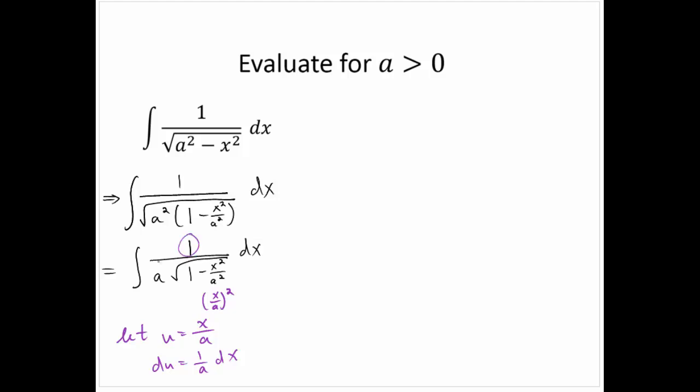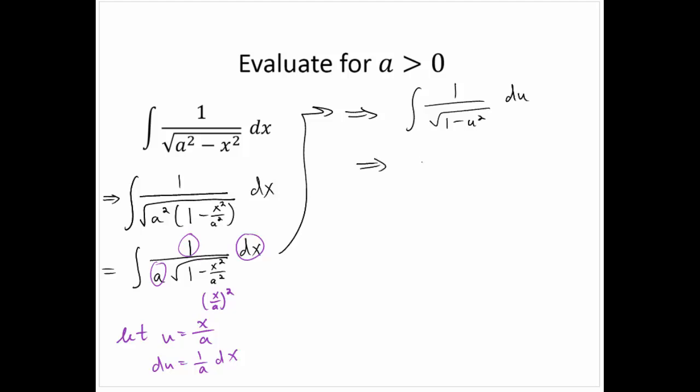I have a 1 over a dx. So then this integral, with that substitution, becomes the integral of 1 over the square root of 1 minus u squared du, which is arc sine u plus a constant.